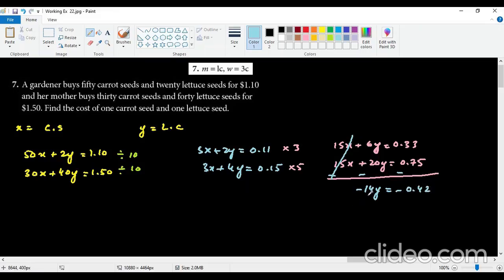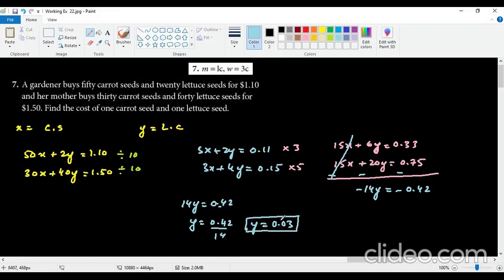Ignoring the minus sign, so 14y will be equal to 0.42, and when we divide 0.42 by 14, we are going to get the price, which is 0.03. 0.03 is the price of lettuce seed.